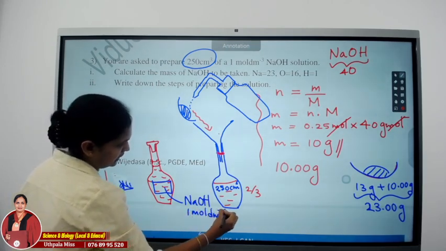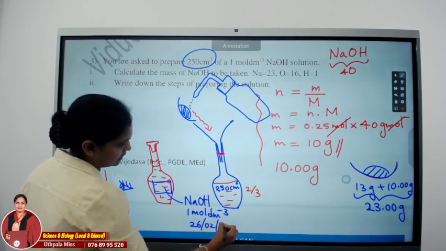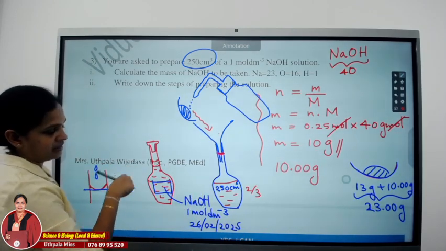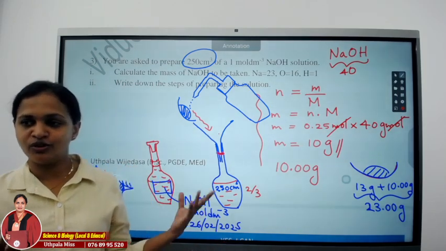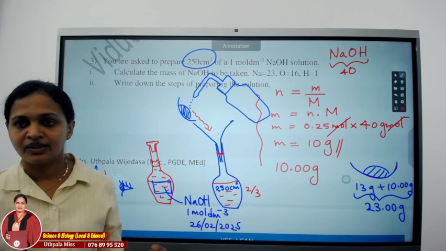Next, the date of preparation, when it was made. This information should be mentioned. The volume is not needed, since it is in the volumetric flask and a person who needs it can measure the volume and take the required volume. But the concentration is a must. That is what you need to say.